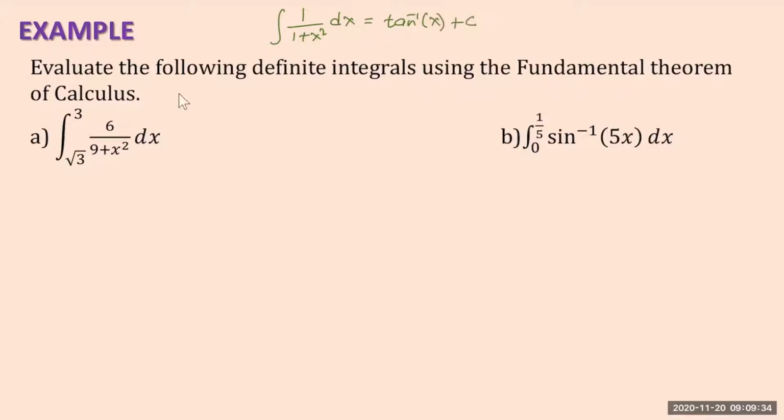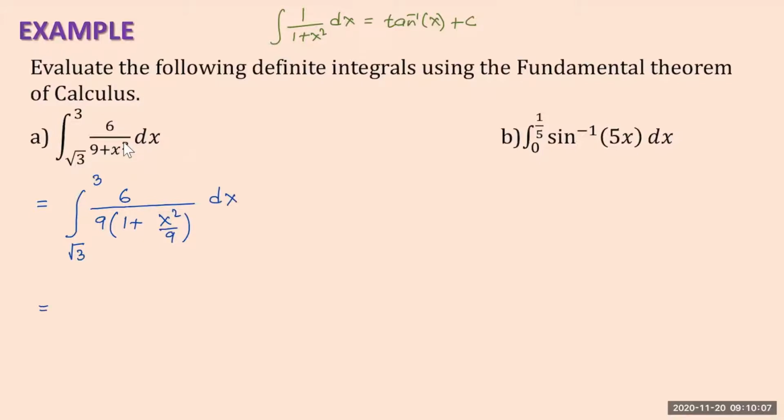So what I'm going to do is manipulate this integral and try to write it in that form. Let's see how we can do that. This is equal to the integration from square root of 3 up to 3, 6 in the numerator. Now I can factor out 9 from the denominator, and it will be 1 plus x squared over 9 dx.